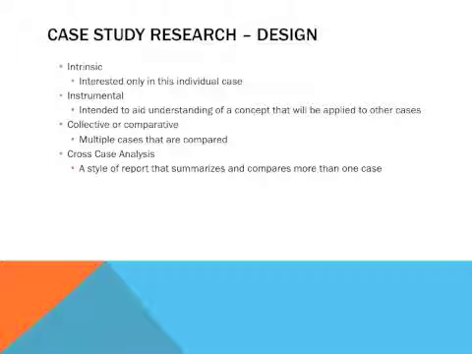An example of this from my paper that we turned in last week was 2 artists were compared from different family types, and then their artwork was compared, and you could see their psychopathology reflected in the way they created their artwork. And then a cross-case analysis is the 4th type, and this is a style of report that summarizes and compares more than one case. And we'll have to ask Jen more about that because I don't know.